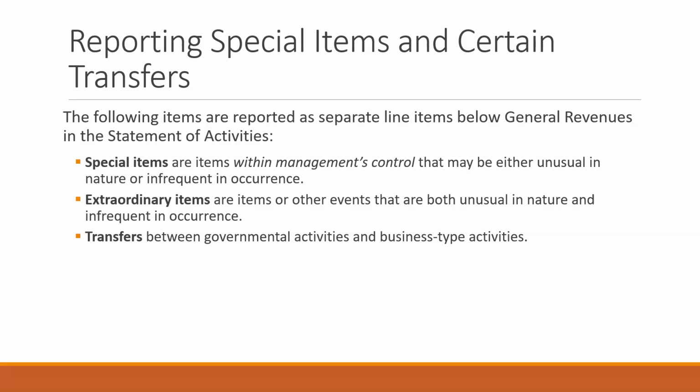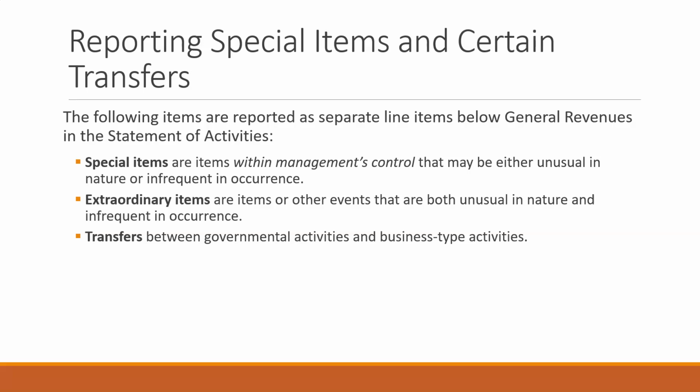We also have transfers between governmental activities and business type activities. For example, the electric function could transfer money to the garbage function. The general government could transfer money to the public safety function. Those are usually just net transfers.